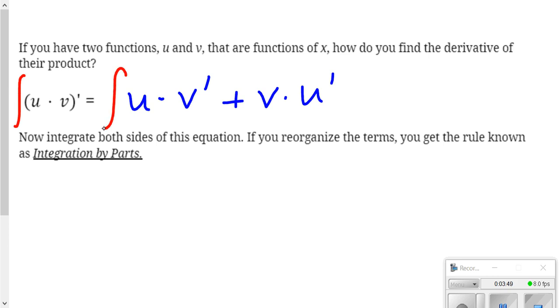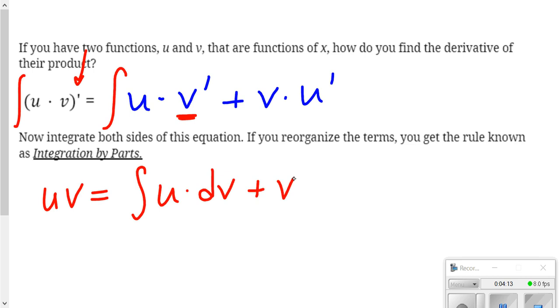Okay, so if I were to integrate both sides of that, notice on the left-hand side, I am integrating and also taking a derivative, so those would undo each other. And then over on the other side of the equation, I'm going to now switch out these primes to write d something. So u times the derivative of v, and then v and the derivative of u.